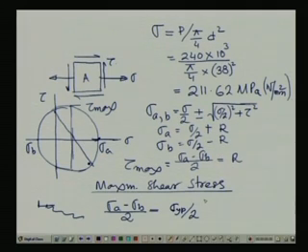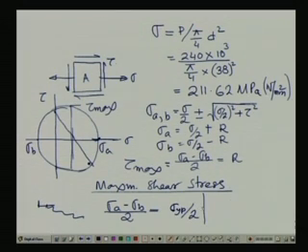So, if we substitute back, we find that R equals sigma yield point by 2.